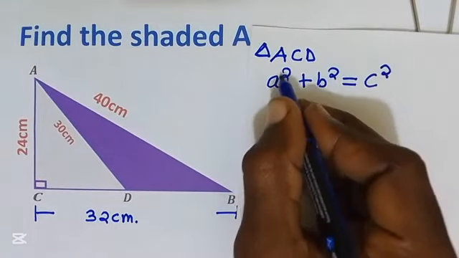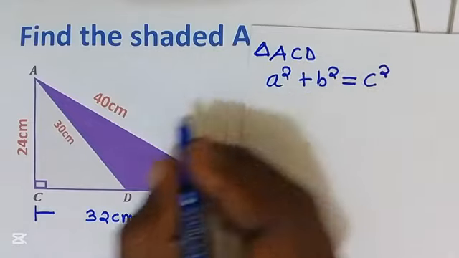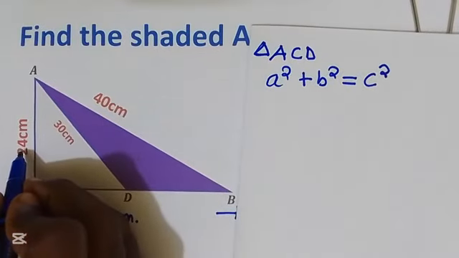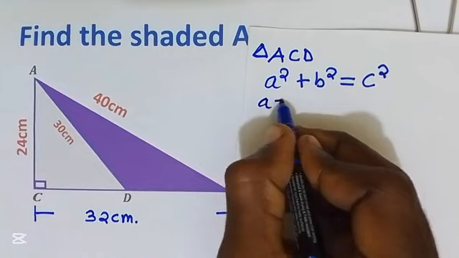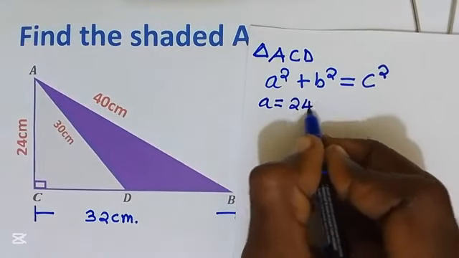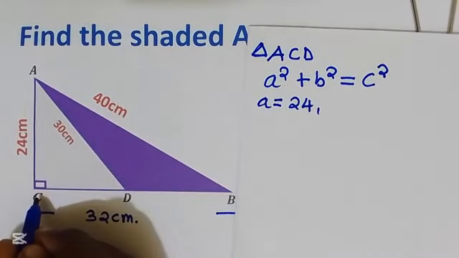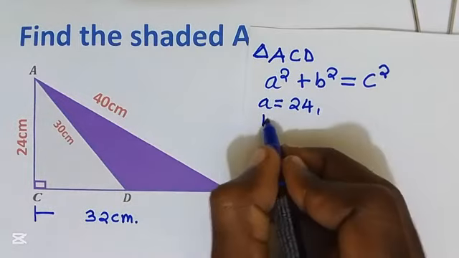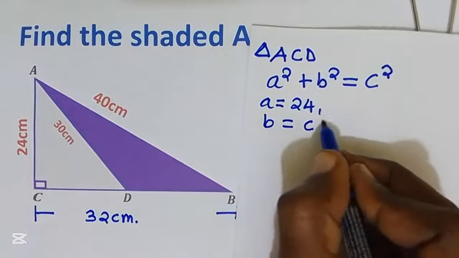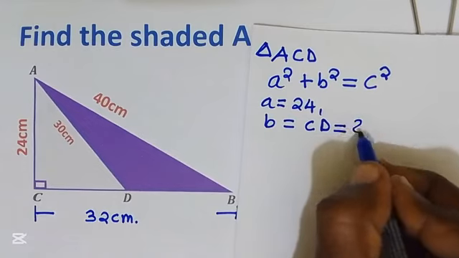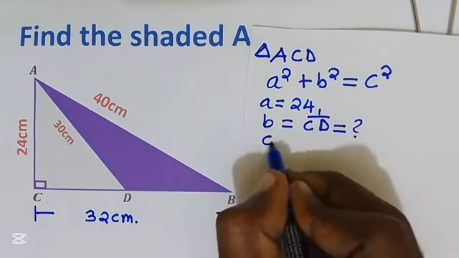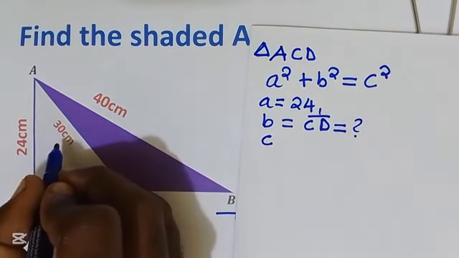As per triangle ACD, our a is equal to 24, b is equal to distance CD, but we don't have that, and c is equal to 30 centimeter.